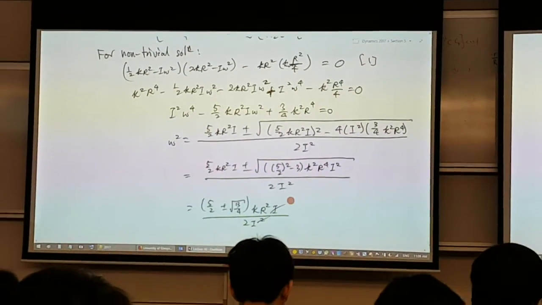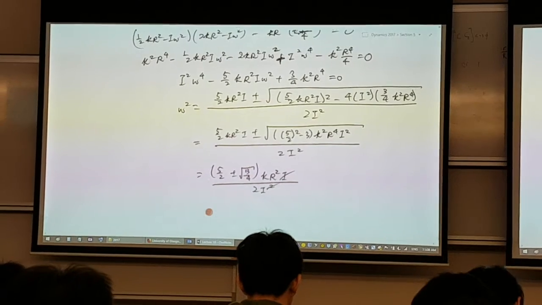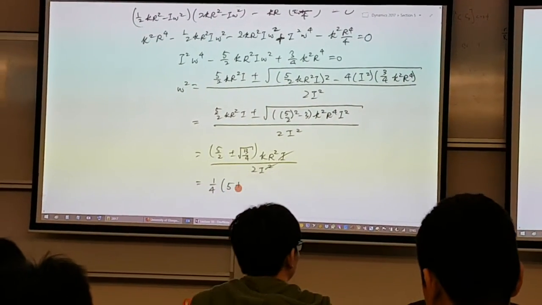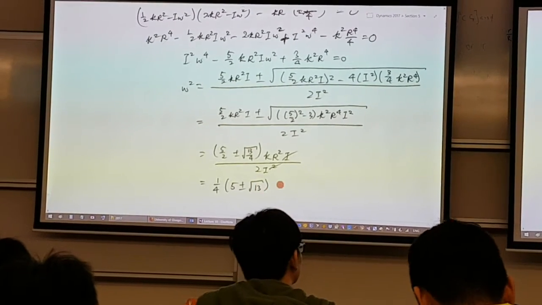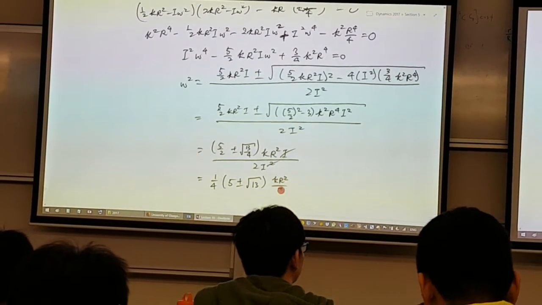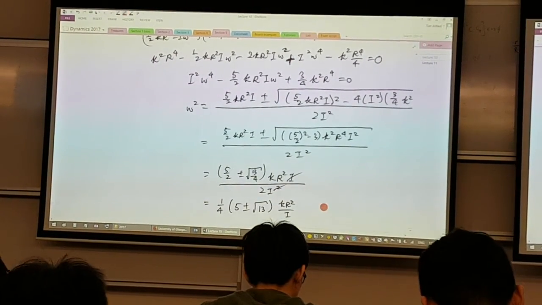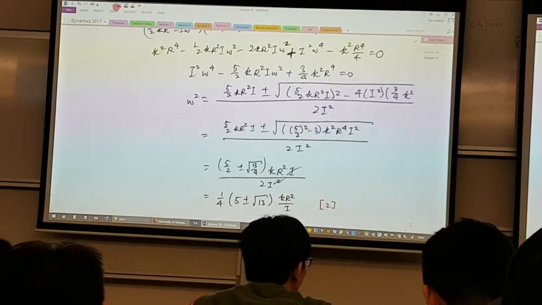So this and this could cancel. And 1/4 5 plus minus square root 13 kr squared over I. So this part here, 2 marks.